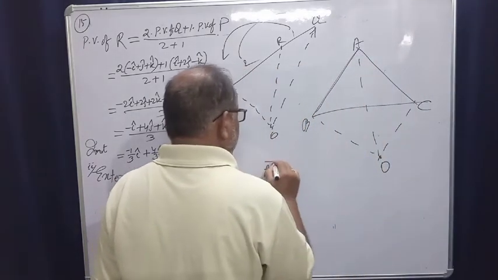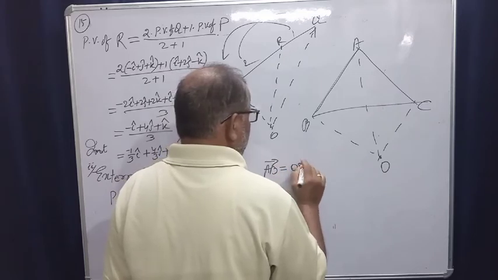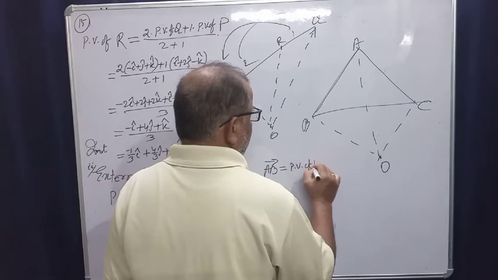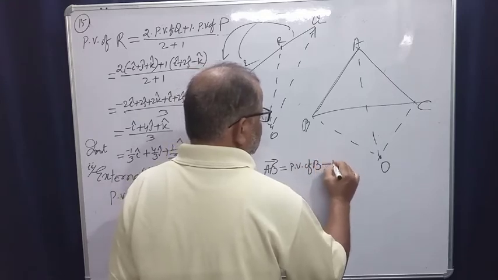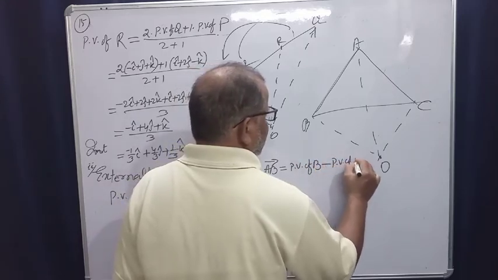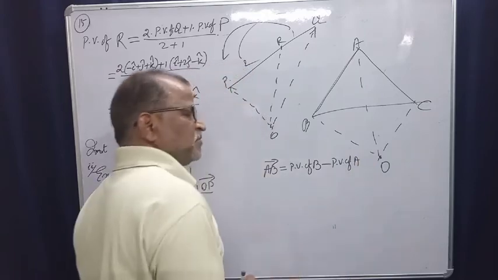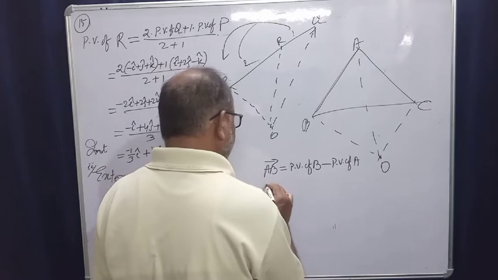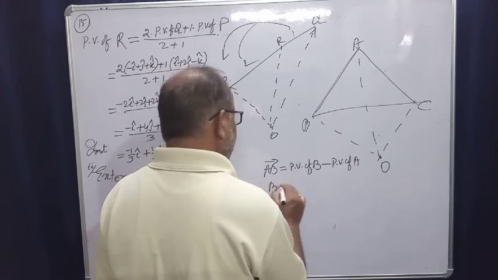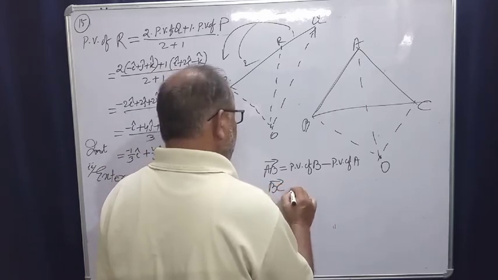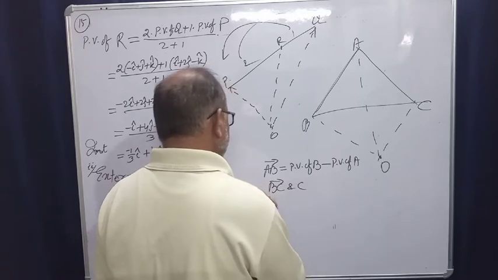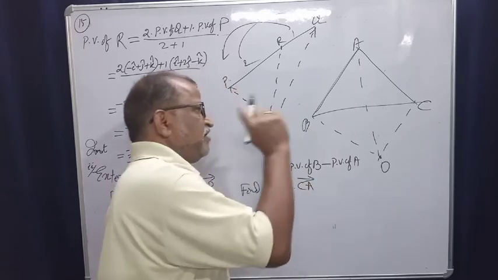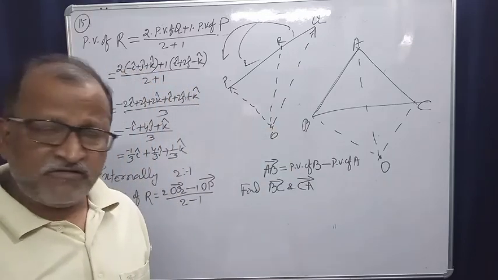AB vector is OB, the position vector of B minus PV of A. Right? You will get AB. Similarly, find BC and CA. Find AB, BC, CA.